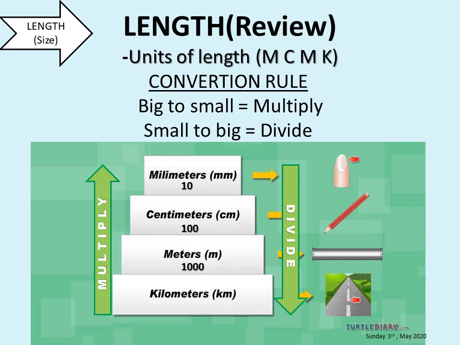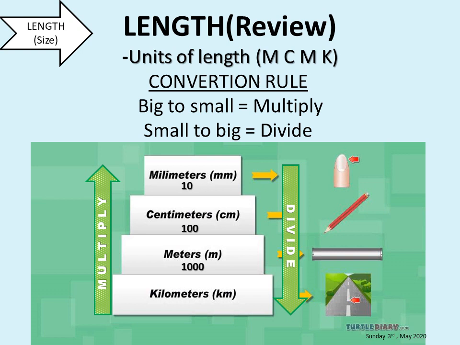So my 5 kilometers to meters will be 5 multiplied by what? 1000, because I'm changing first to meter. So 5 multiplied by 1000 is 5000. Now I will change again from 5000 meters to centimeters. What will I do? I will still multiply because I'm still going to a small block.